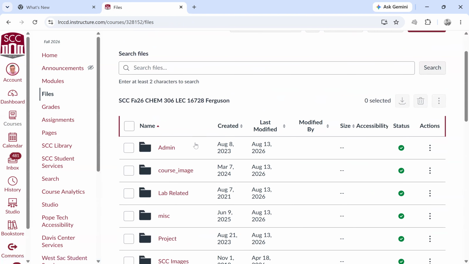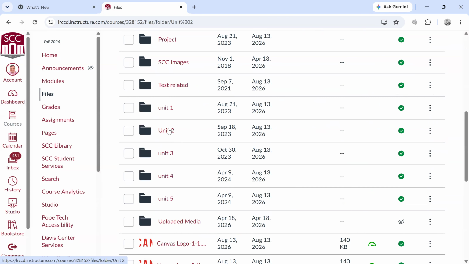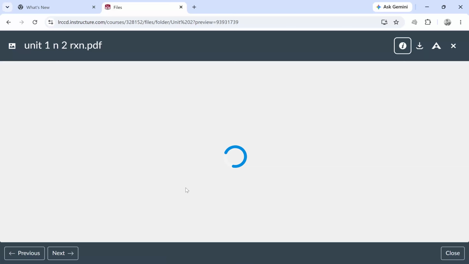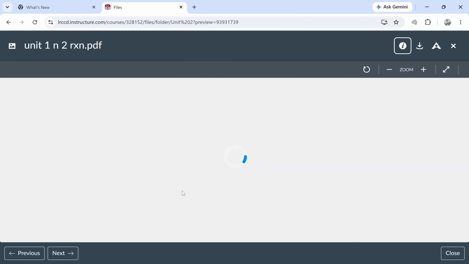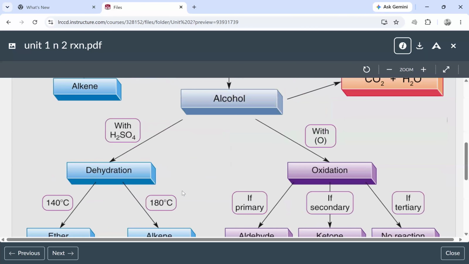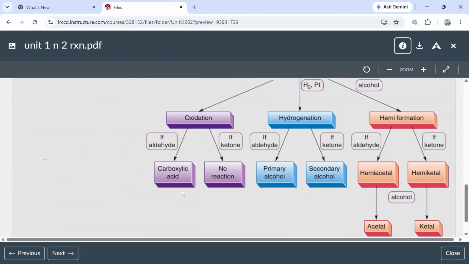And then for Unit 2, what I do with the flow charts, I start with Unit 1 and I keep adding to it. For example, this here at the bottom is what I added to Unit 1.